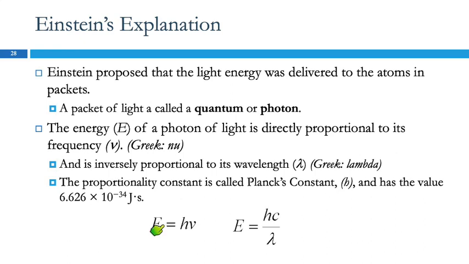So the energy of light is equal to a constant times its frequency, or a constant times the speed of light over the wavelength. If the wavelength is longer, the energy is lower. If the frequency is higher, the energy is higher.